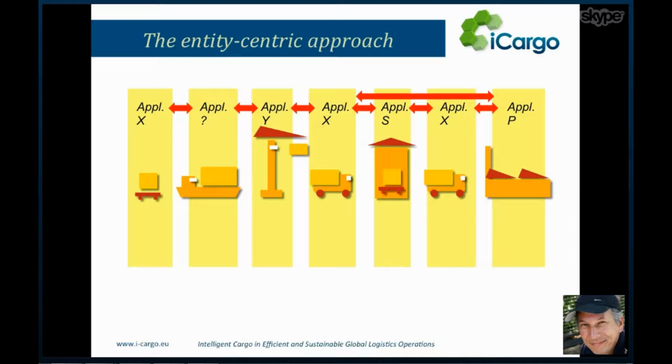And it's not only that we want to exchange information with our neighbors, the next organization in the chain, but also across the chain. So in theory, you need more system integration effort than just connecting to the neighbors.